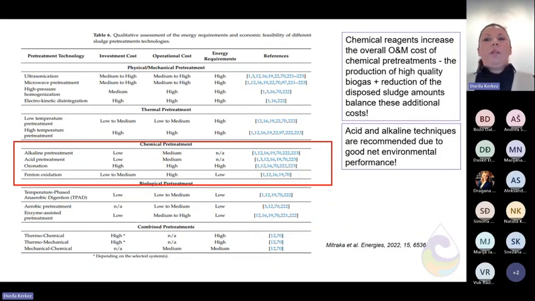Also, chemical reagents increase the overall costs of chemical pretreatment, but on the other hand, they balance these additional costs by reducing waste amounts, and they are also recommended due to good net environmental performance.